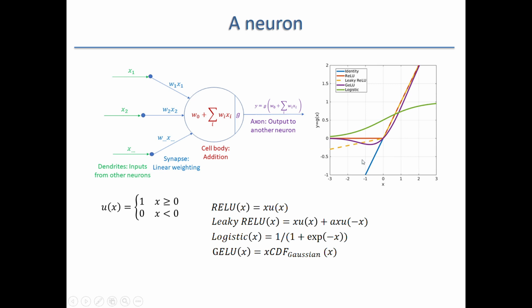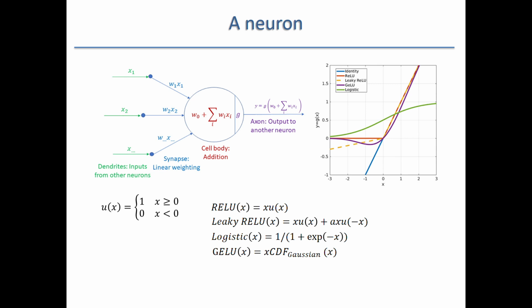Then you could have other non-linearities. Logistic was used for a very long time. The logistic is defined between 0 and 1, and in this way. If you don't want it to be between 0 and 1, but between minus 1 and 1, or minus 0.5 and 0.5, you can simply scale and shift this function to fit your needs.